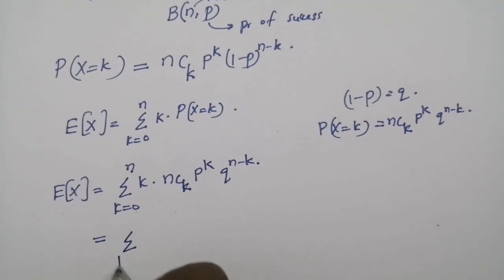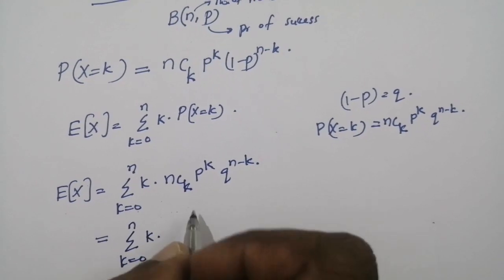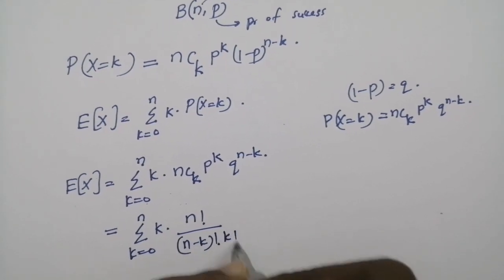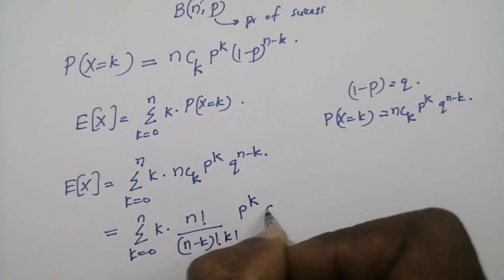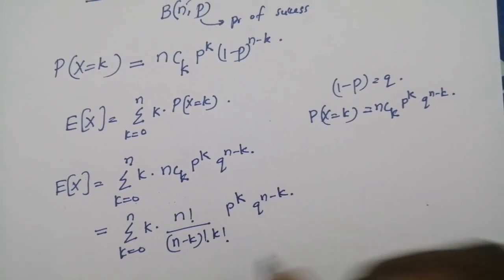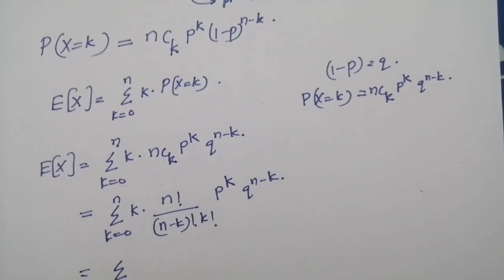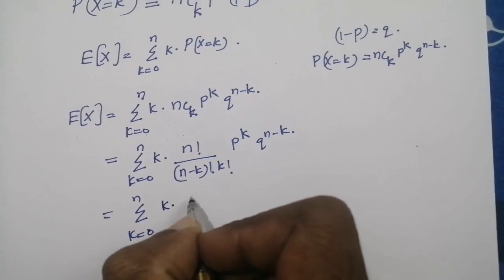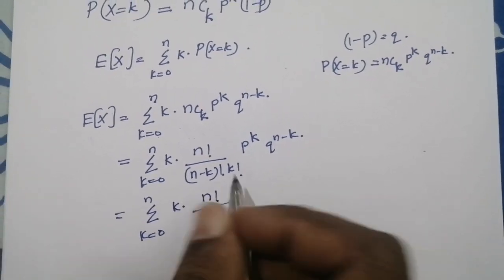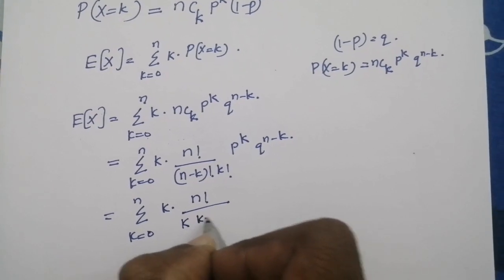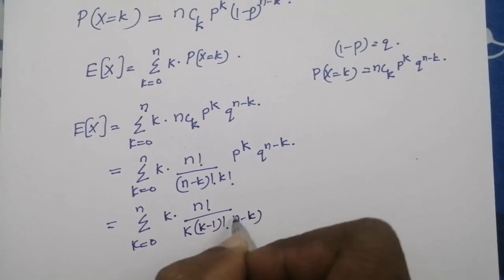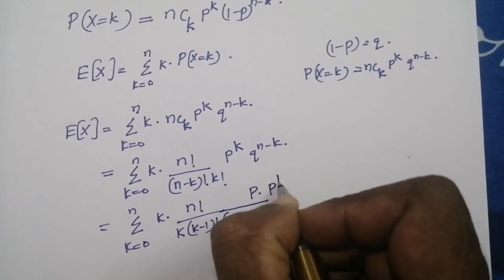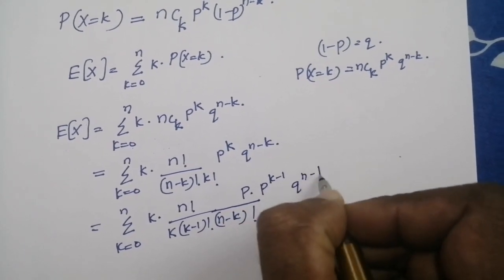What is nCk? It is n factorial divided by (n minus k) factorial times k factorial. So this can be written as the sum from k equal to 0 to n of k times n factorial divided by k times (k minus 1) factorial times (n minus k) factorial, times p times p raised to k minus 1, times q raised to n minus k.